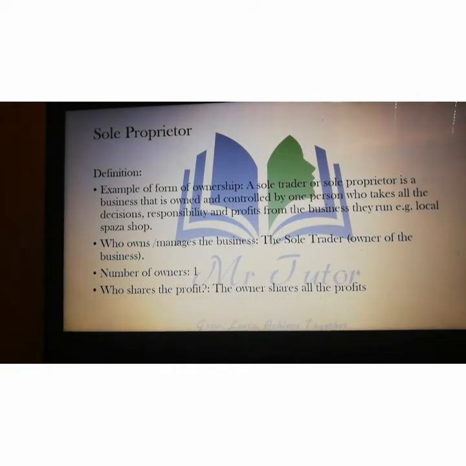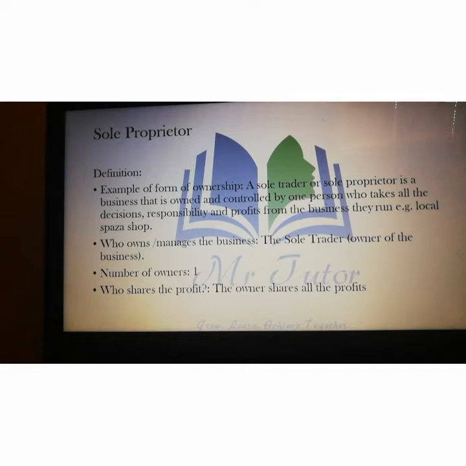The definition: a sole trader or sole proprietor is a business that is owned and controlled by one person who takes all the decisions, the responsibilities, and profits from the business they run. Your simplest example is a local spaza shop.